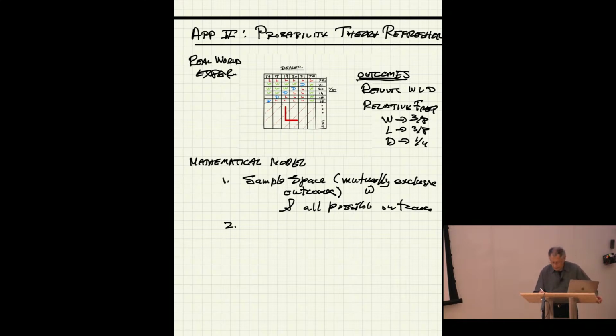Second thing we do, we have events, which we denote by the letter E. And we typically denote them by capital letters A, B, C, etc., where each event is a collection of sample points. Okay?